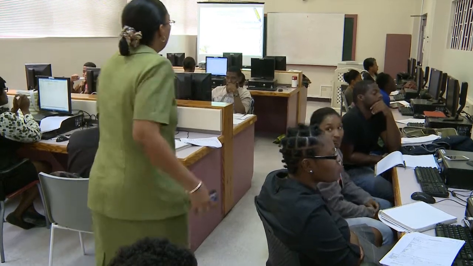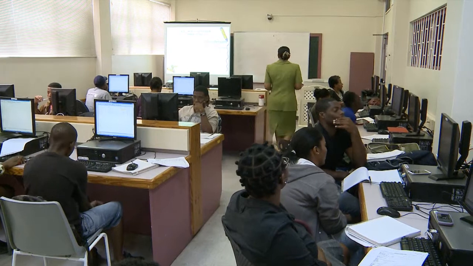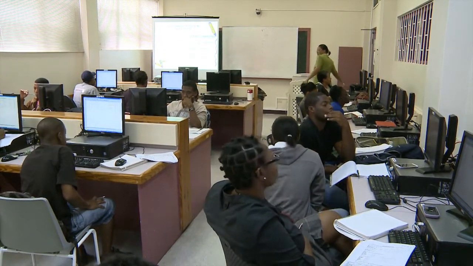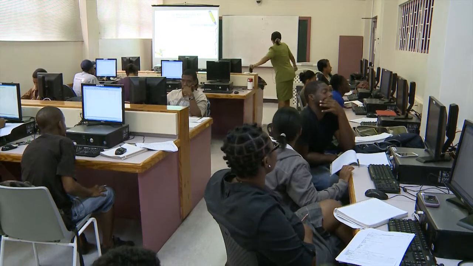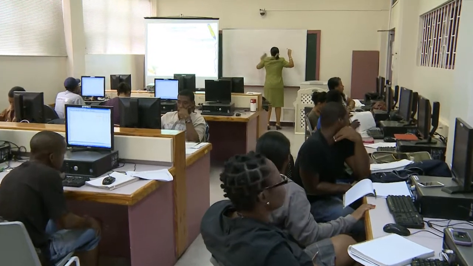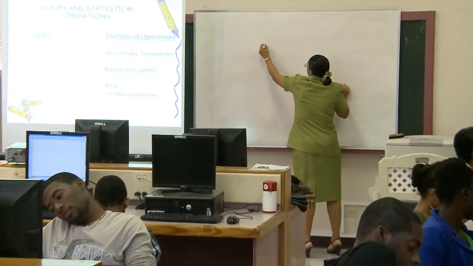So I want you to know quickly, what are some of the research objectives of this data? Let's write up the research objectives. What are some of the research objectives? One, what do they want to find out?